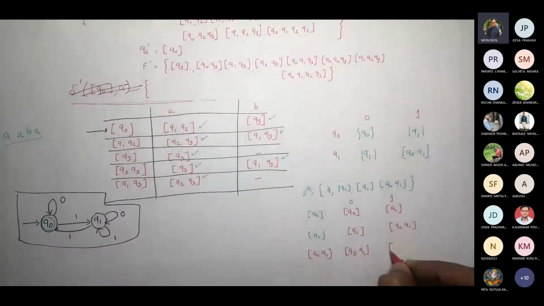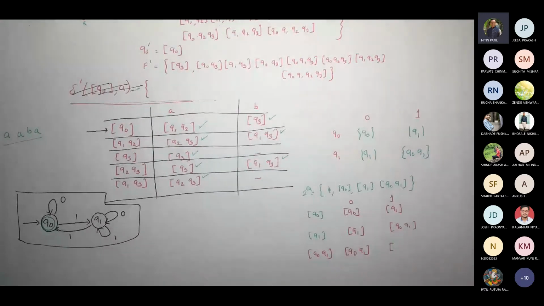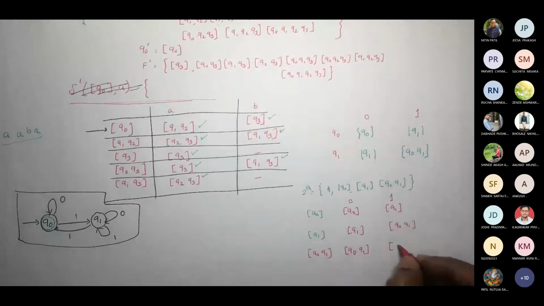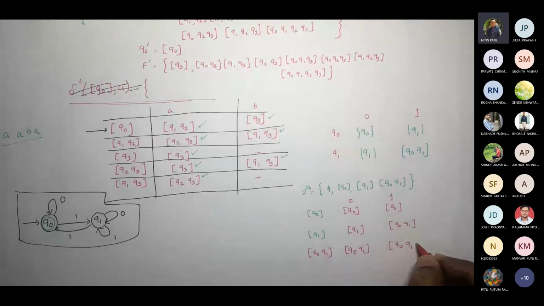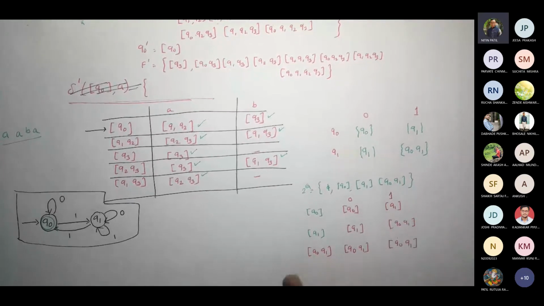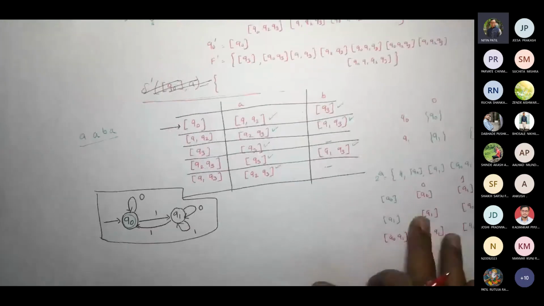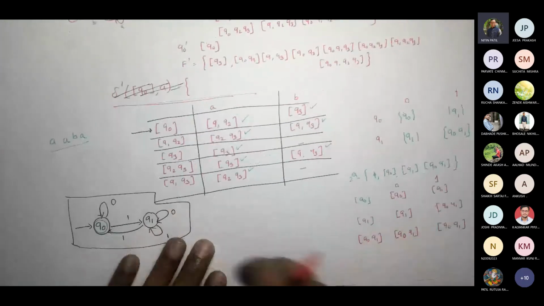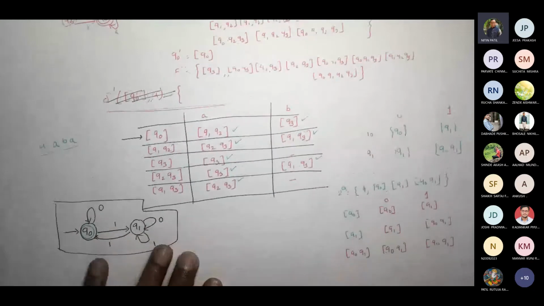So we are making it a specific kind of set, an ordered one, correct? So for 1 also, from Q0 on 1 and Q1 on 1, you would get this. So if I try to draw a diagram for this case, how would it be?